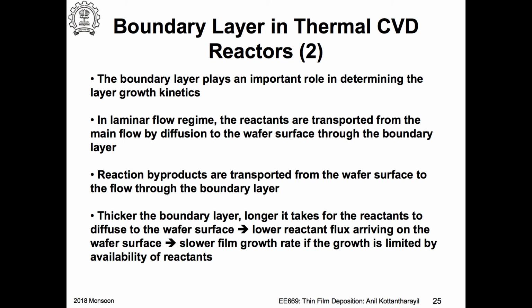Lower reactant flux arriving on the wafer surface would then lead to slower film growth if the growth is limited by the availability of reactants. Okay, so this mass transport is very critical, and that should be controlled. That is why you see all these different types of chambers and interesting constructions, because this is a very important parameter.